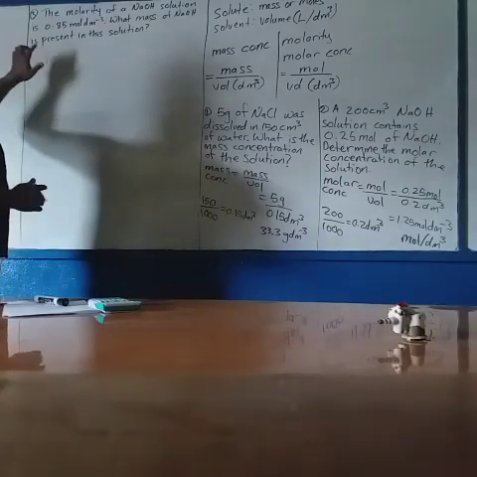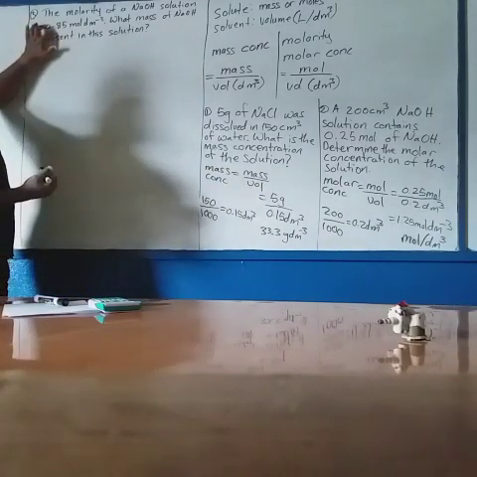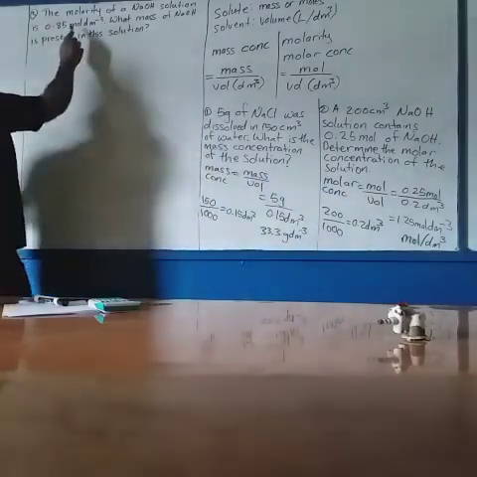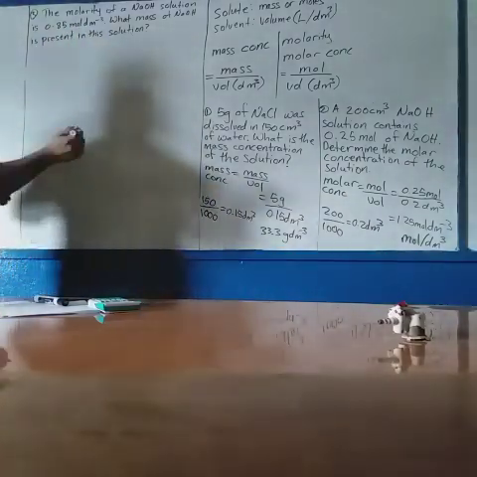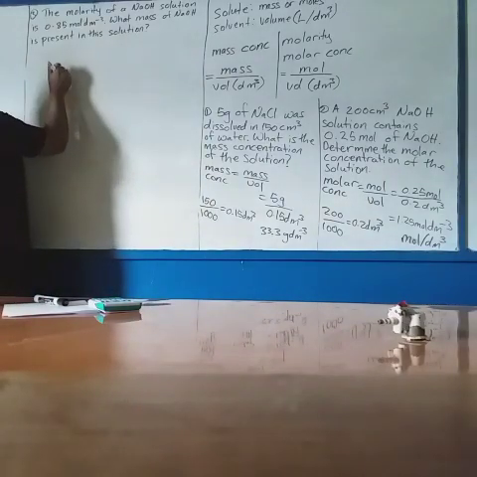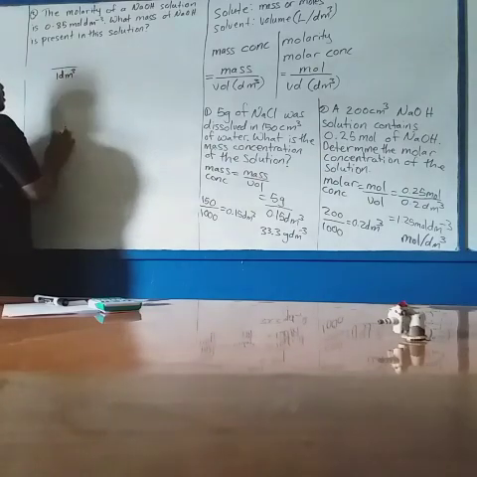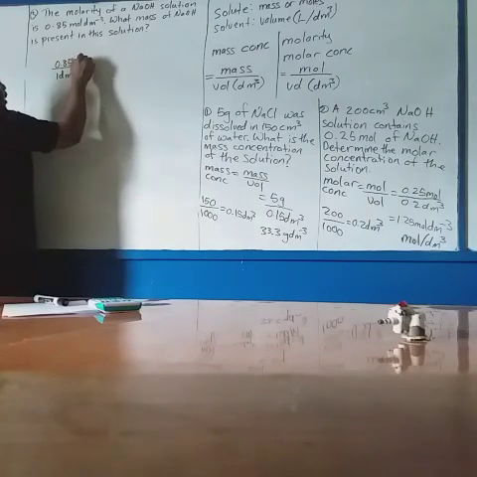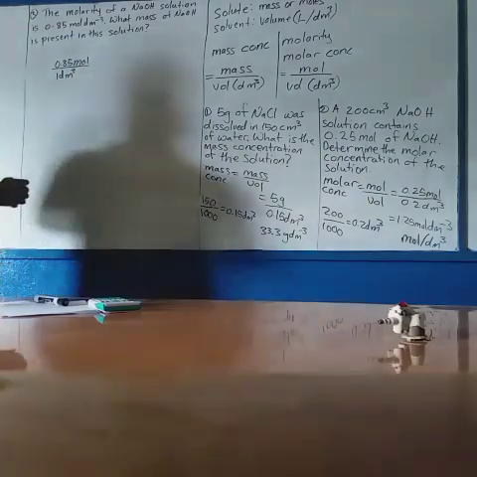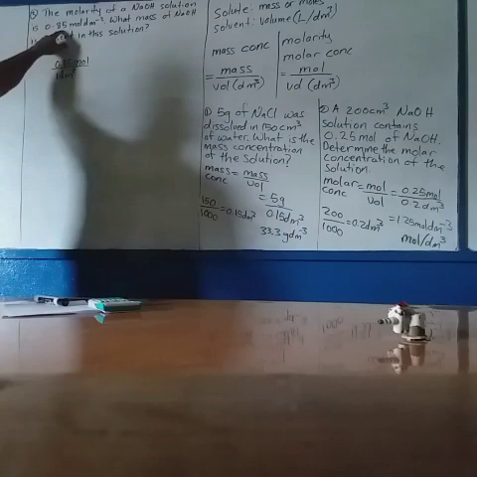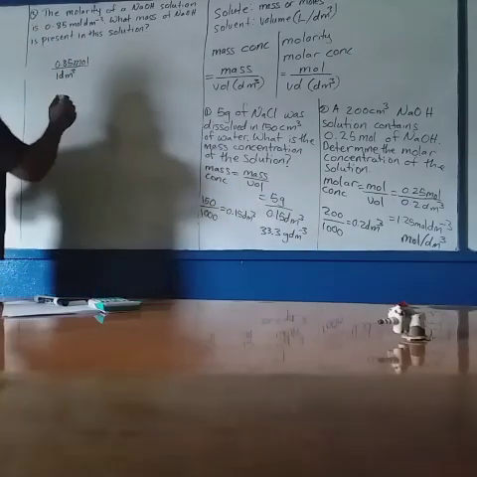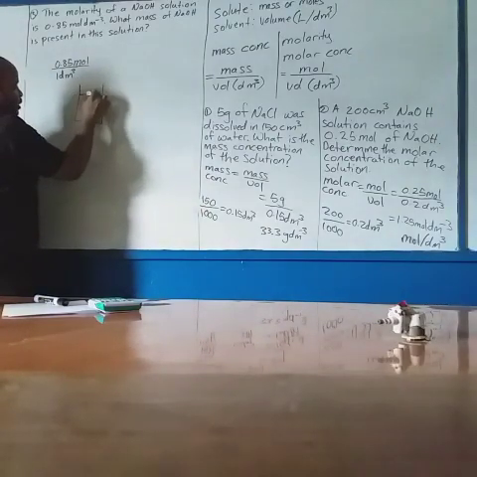Even though you got only one number here, it's actually two things. Look at the units. It says moles per dm cube. But it is telling you that in 1 dm cube of solution, you have 0.85 moles. So you have a container, right?